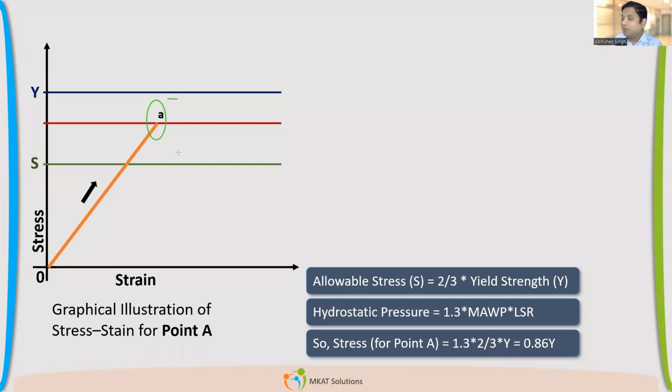No, because we are well below yield. Now my next question is, will any deformation happen to point A? Just think a little bit, it's a little twisted question. Whether any deformation will happen.